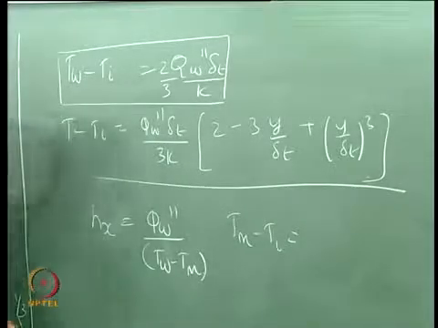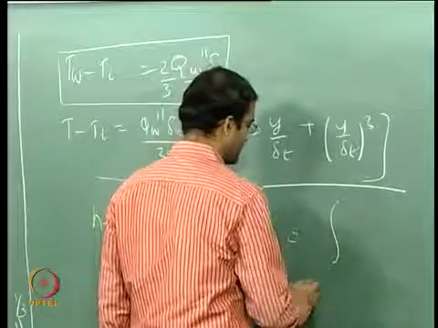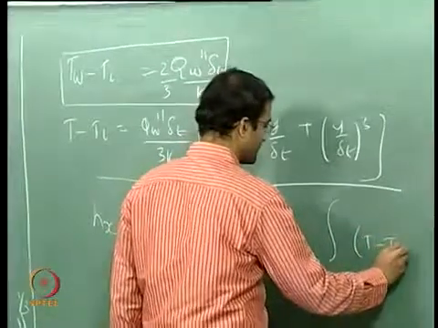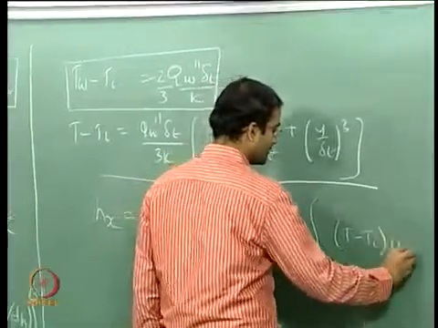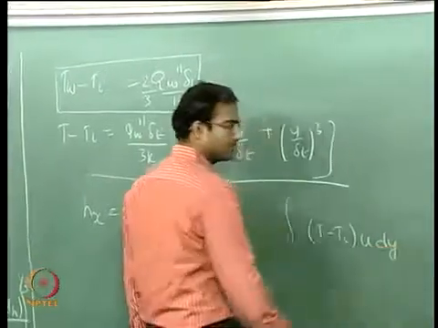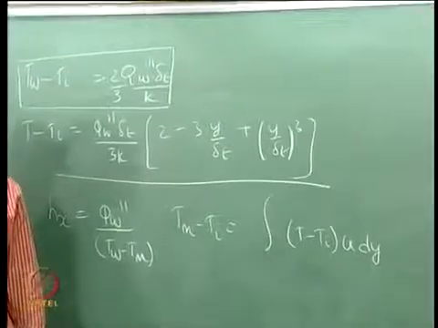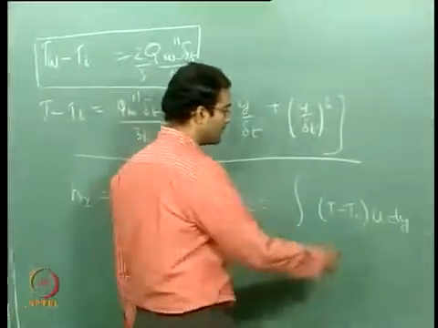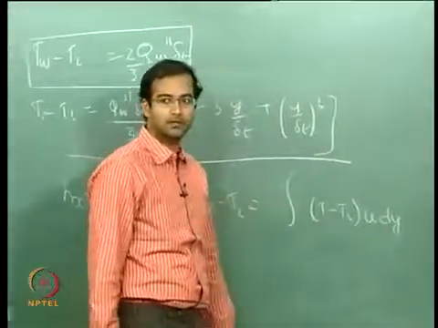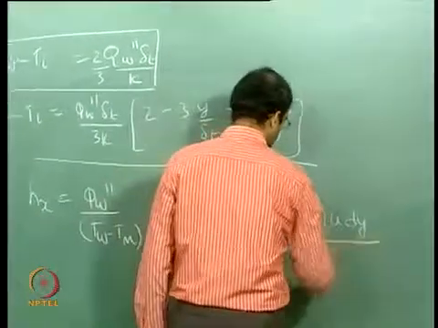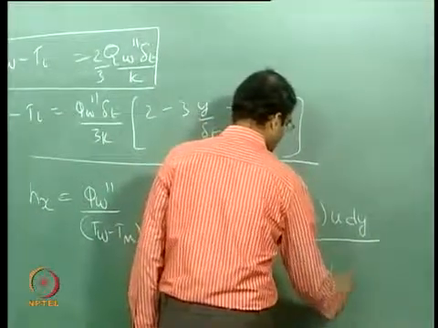That is basically the integral of T minus Ti into u into dy. Now this is the case of a Cartesian duct, so your rho u into dy will be the flow rate, divided by integral u dy.